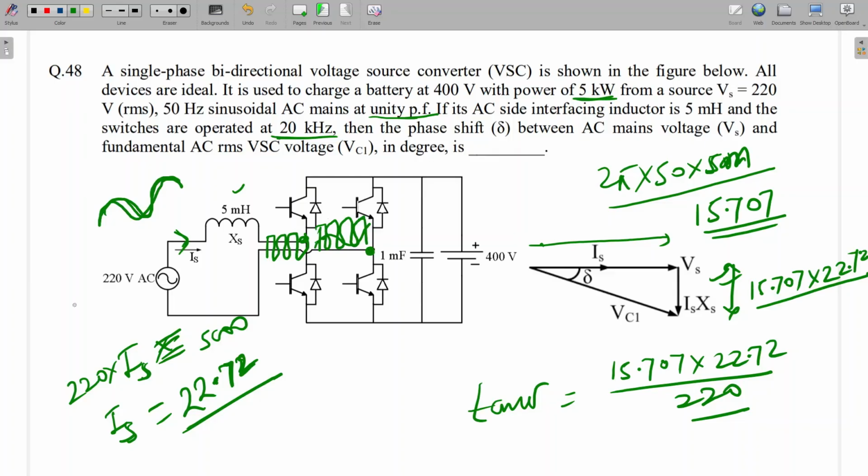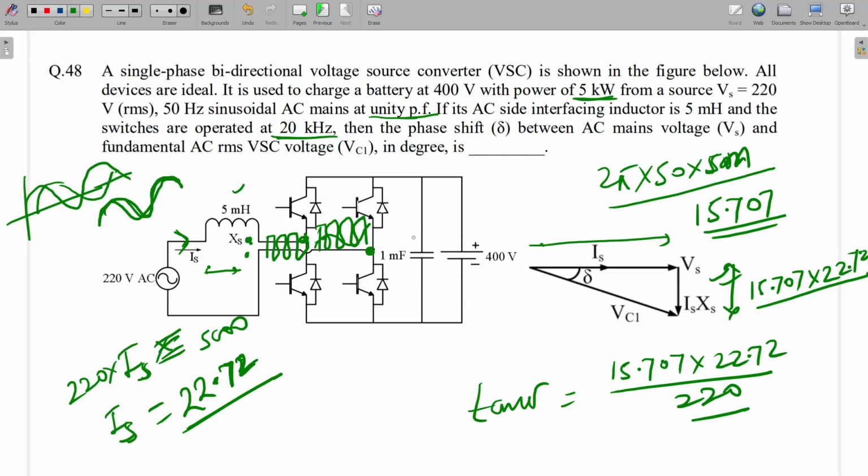So that sine component will be generated such that some phase difference will be there in the sending end voltage. Let's say this is the sending end voltage, and this is the receiving end voltage, between these two points.